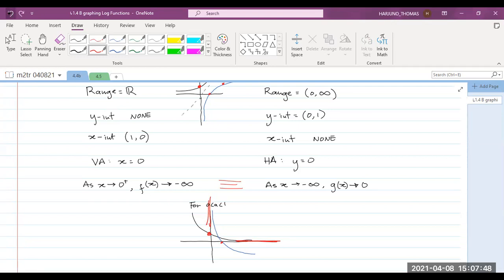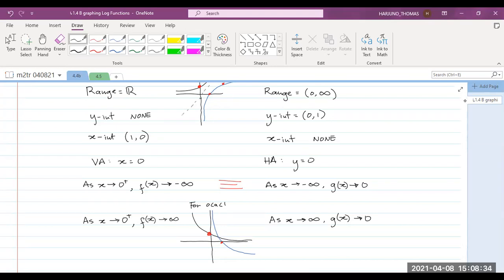Everything else is the same. As x goes to positive infinity for the exponential function, the value of the function will approach 0. And the parallel in log with base between 0 and 1: as x approaches 0 from the positive side, from the right-hand side, the function goes to infinity.